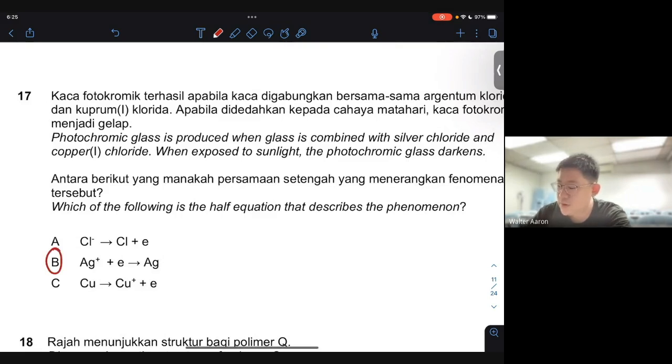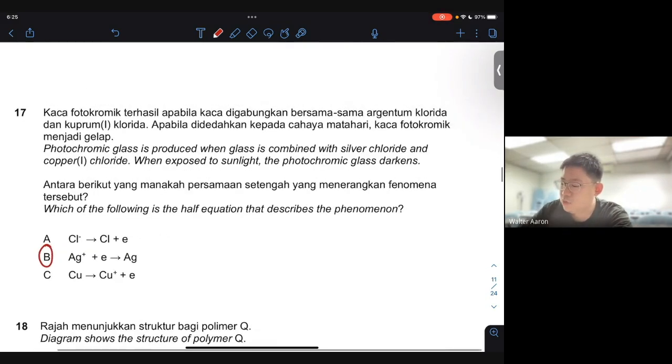The two substances that make up photochromic glass are silver chloride and copper 1 chloride. Silver chloride is photosensitive, which means it is sensitive to sunlight, so it will break down to form silver and chlorine gas in this mechanism.